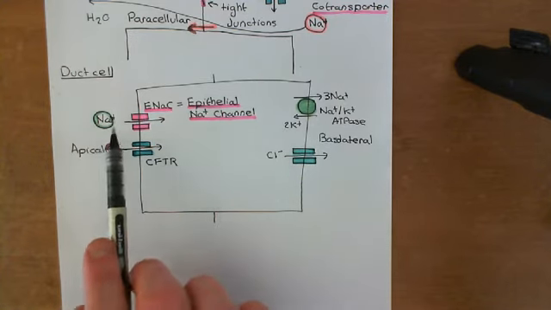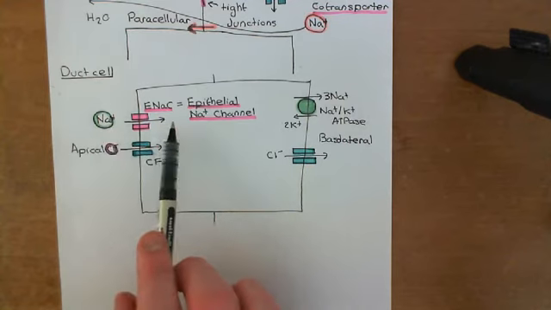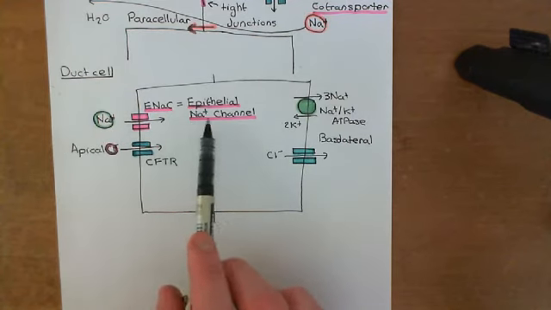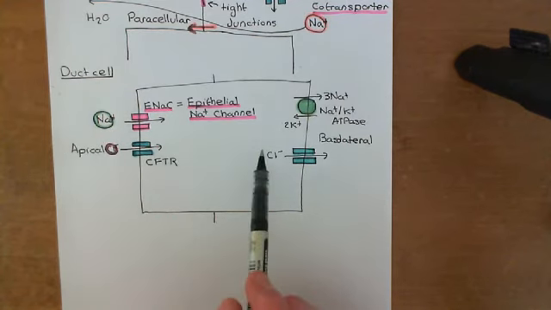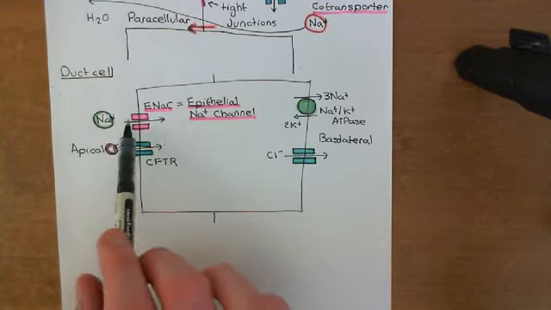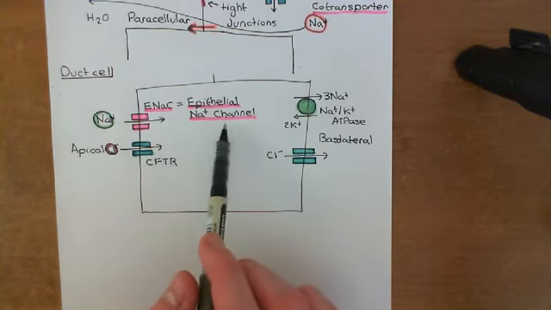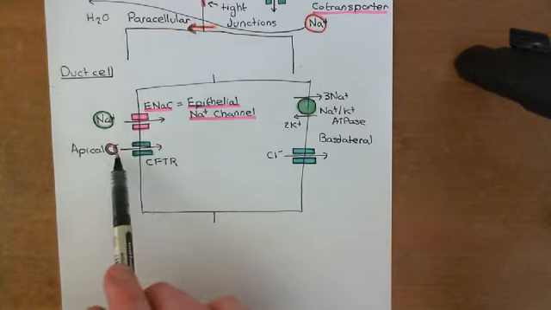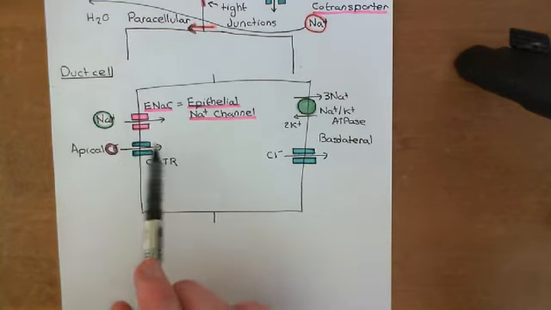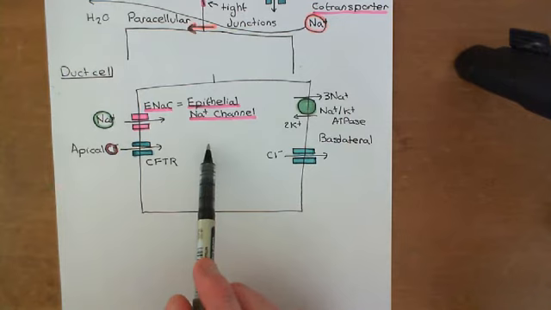And the driving force for this is that sodium's electrochemical gradient always favours its movement into the cytoplasm of the cell. So the sodium moves through the ENaC channel into the cytoplasm of the cell. Chloride anions will then also follow the sodium ions and move into the cytoplasm of the cell.